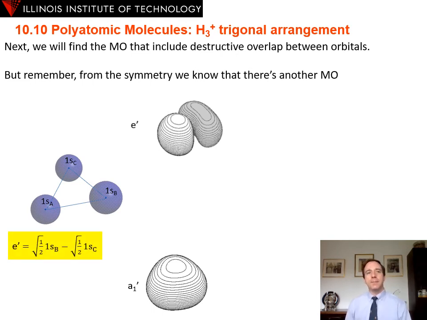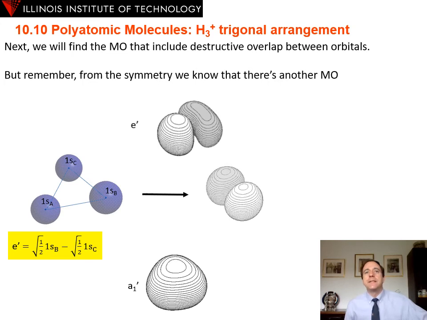So in this geometry, what we're going to get instead of two nodes, we're going to get another wave equation with just one node. Now in this case, the A orbital drops out, it becomes non-bonding, and we only get a contribution here from the B and the C, and those will have opposite signs.